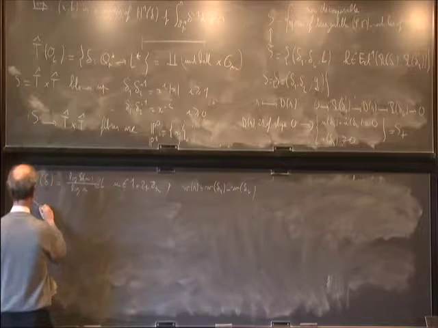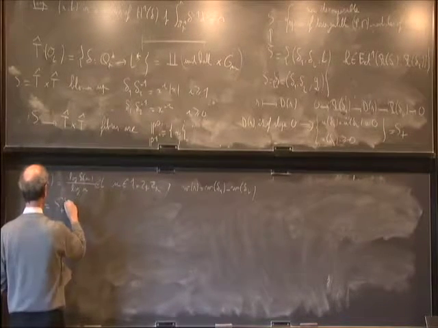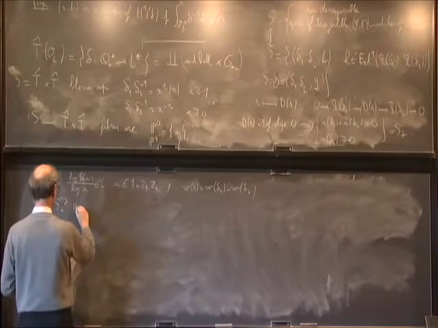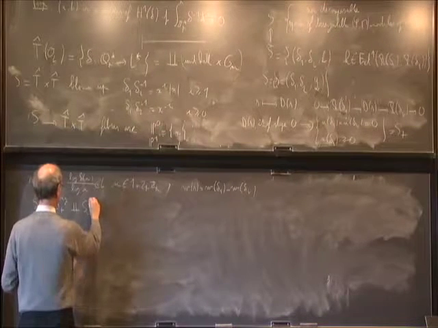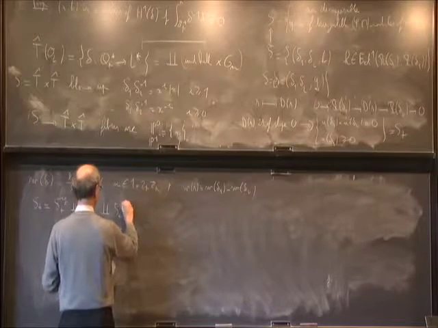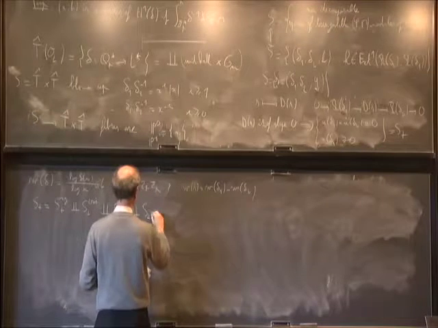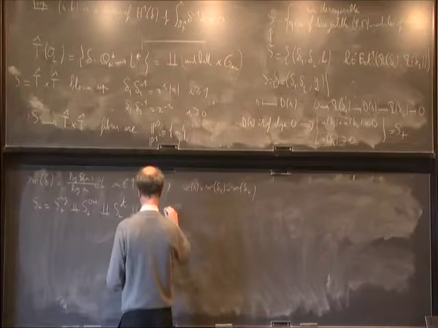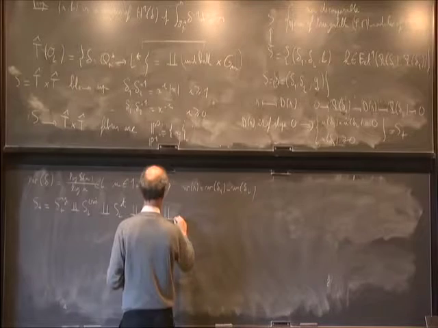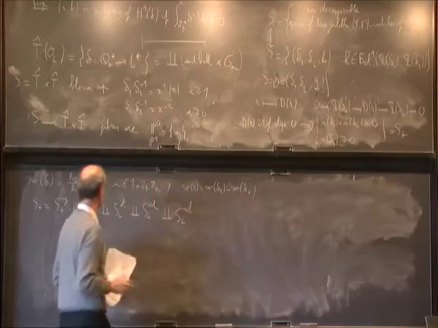S plus is going to be the disjoint union of S plus NG, NG is for non-geometric, S plus Cris, Cris is for crystalline, S plus ST, ST is for semi-stable, S plus ordinary, and S plus NCL, this is for non-classical.